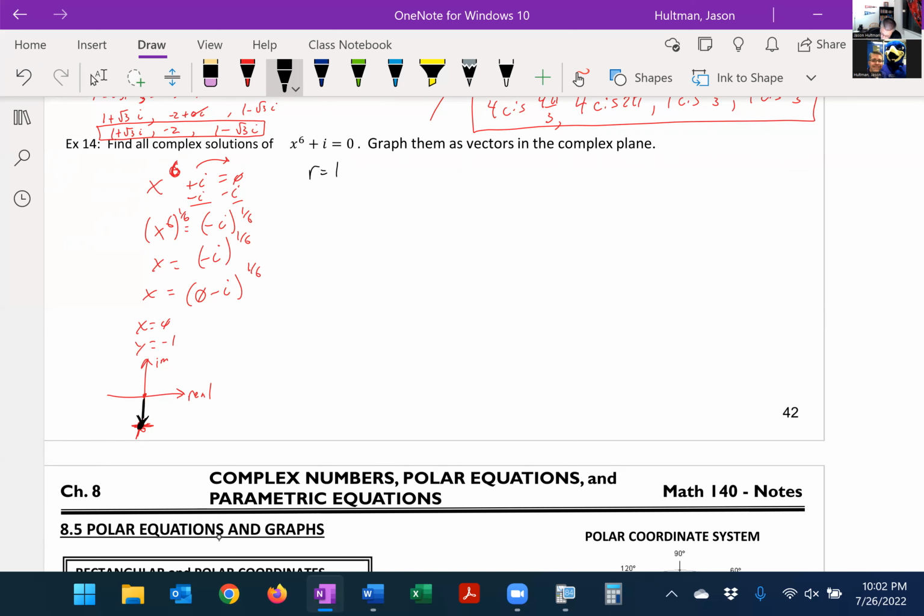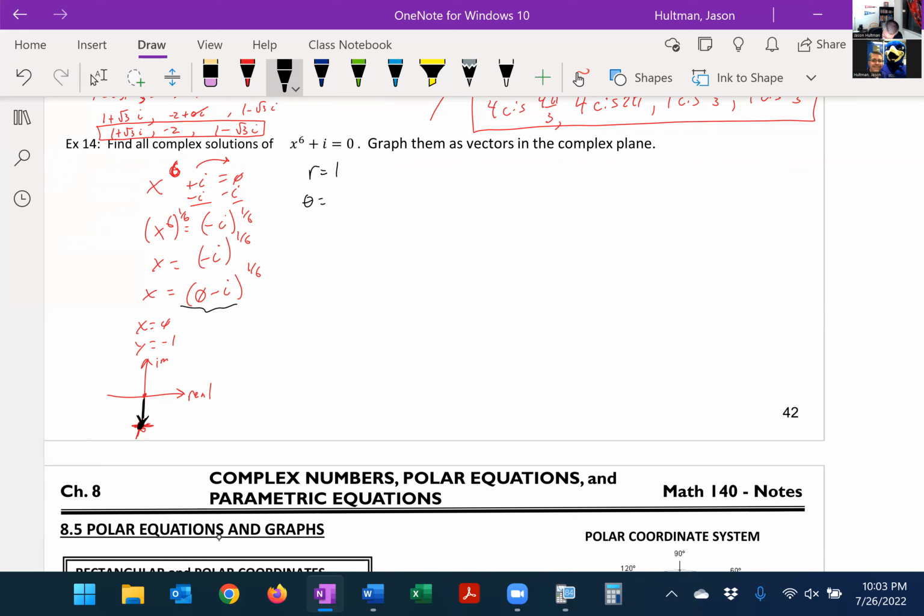And then, because what I want to do is turn this into trigonometric form, 0 minus i. What is that in trigonometric form? Then I can take the 1/6 of that and use de Moivre's theorem. Okay, so r is equal to 1. That's nice. And then what's the angle? What's theta?